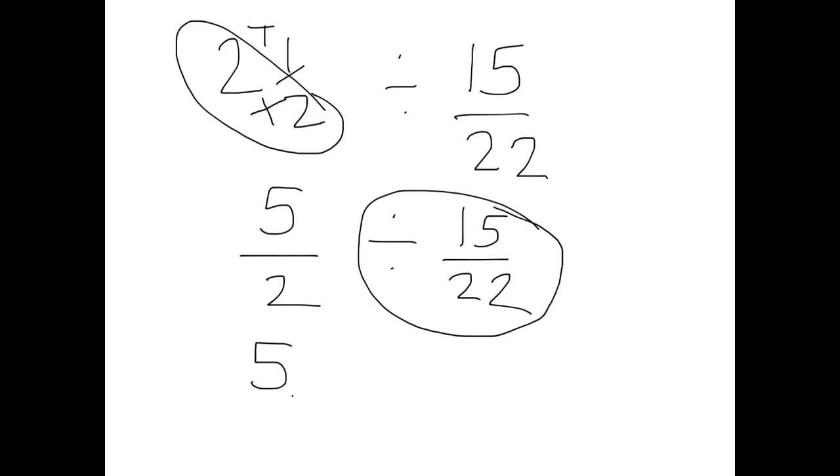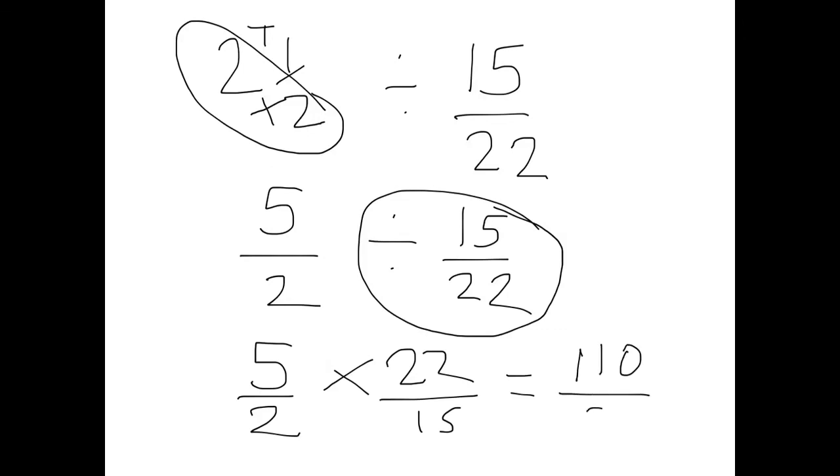So we're doing 5 over 2 multiplied by 22 over 15. And what's 5 times 22? 110. And what's 2 times 15? 30.